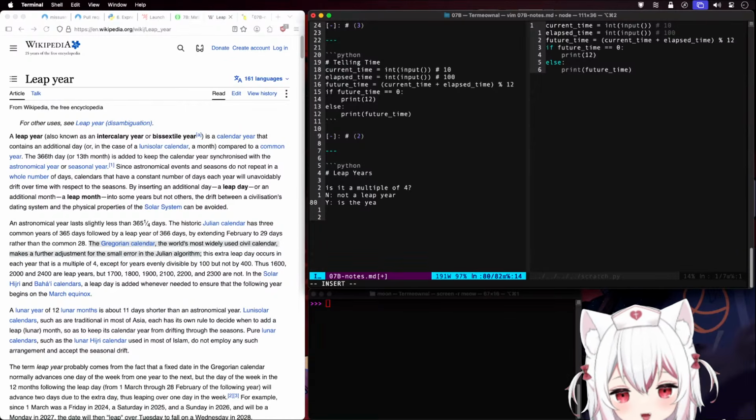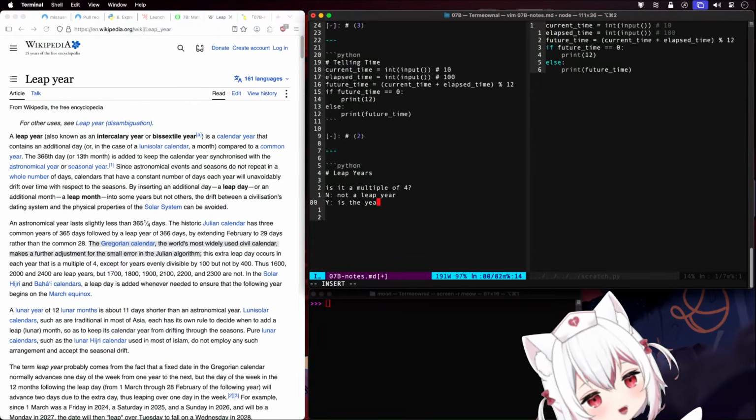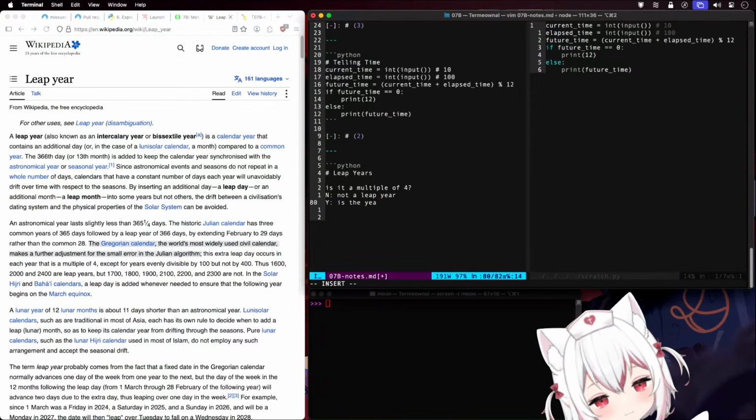Except for years evenly divisible by 100, but not by 400.